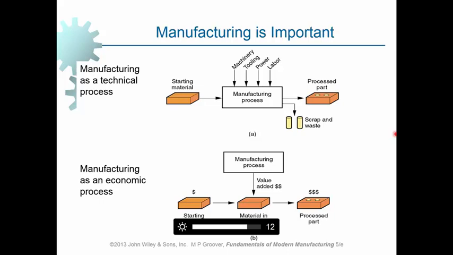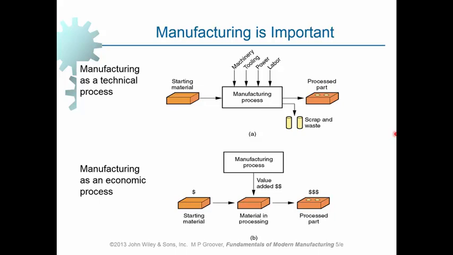An example of this could be to take a thin bar, that is a bar or a wire of metallic material, and then subject it to bending processes and eventually produce a coat hanger from it.